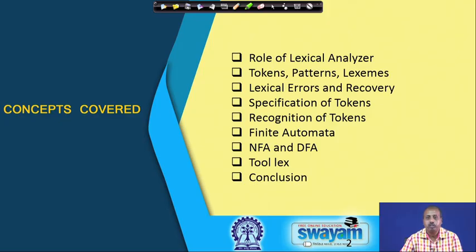And in that finite automata category, we will look into two variants of the finite automata that are used by the lexical analysis phase. One is known as non-deterministic finite automata or NFA, another is known as deterministic finite automata or DFA. Both of them are equally powerful. However, the specification strategy for NFA and DFA is slightly different.